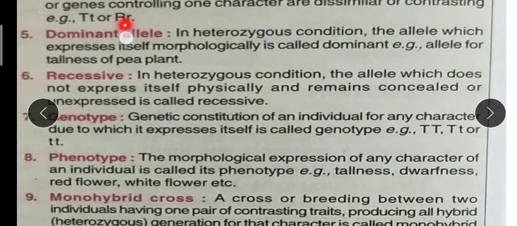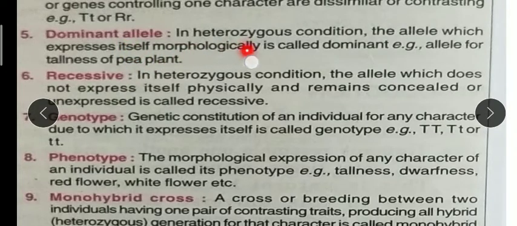Whenever we make any cross, capital T is the dominant, and in this case round is the dominant. So always remember that the dominant allele will rule. It is also called the super ruling allele.